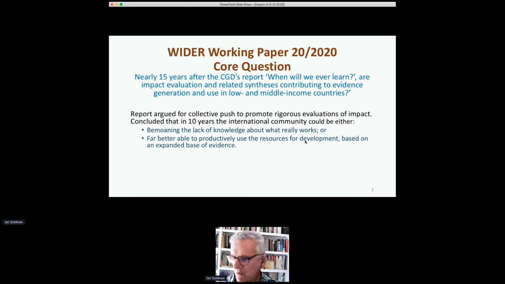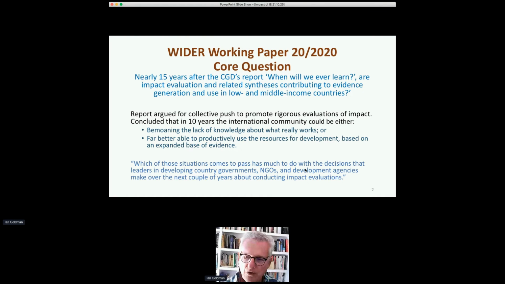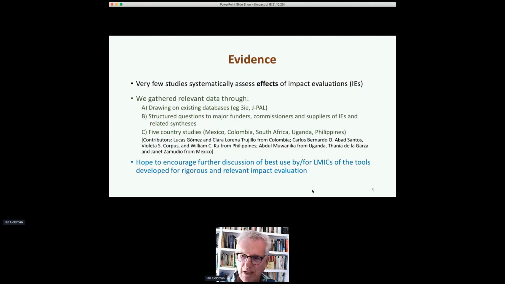And what are we going to find at the end of this about use? Which of these two situations, bemoaning the lack of knowledge or that we've been far better able to productively use it, has come to pass? And in all, there have been very few studies that systematically assess the effects of impact evaluations.